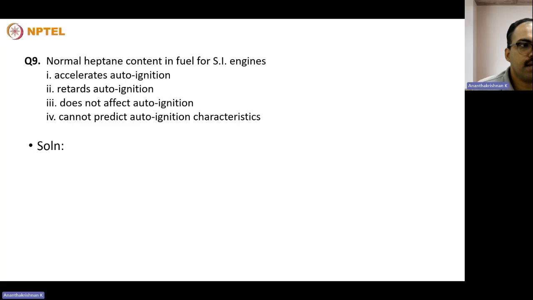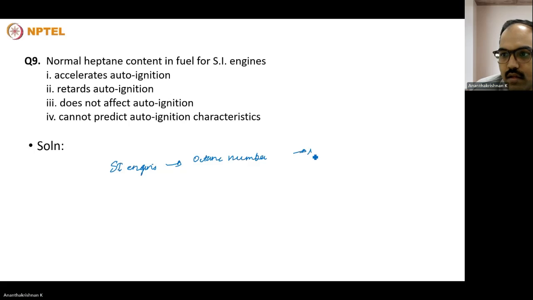Normal heptane content in fuel for SI engines accelerates auto ignition, retards auto ignition, does not affect auto ignition, or cannot predict auto ignition characteristics. In the case of SI engines, the octane number is used to characterize the fuel based on its resistance to knock.